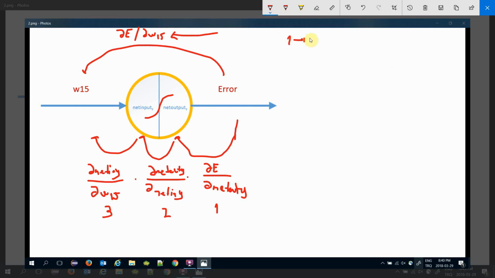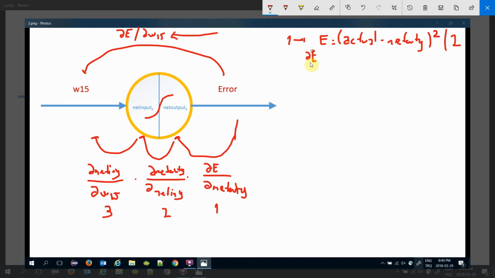For number 1, I need to calculate, sorry, please remember that the error was actual minus net output y, squared, over 2.